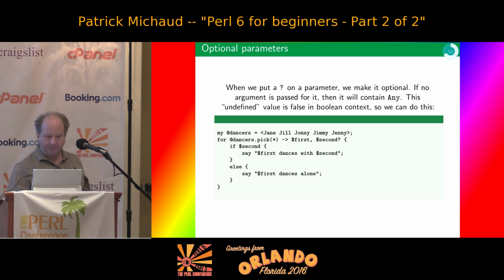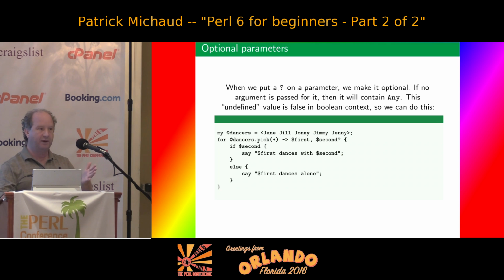Just because I wanted to show it, to get to Randall's question before I ran out of time: if you put a question mark on a parameter, that makes it optional. In our case where we had an odd number of dancers, we can say dancers.pick, and we take the first one and put it into first, and we take the second one, if there is one, and put it into second.